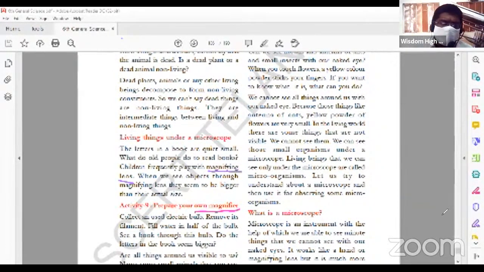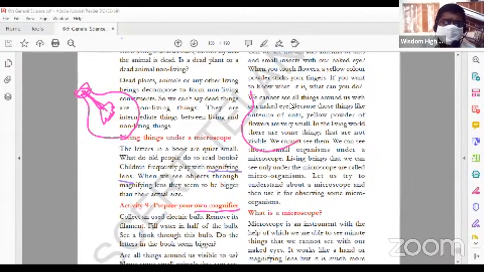First we remove the filament from the electric bulb. The electric bulb looks like this, you know, and the filament is inside. You can identify the filament. We can remove this.